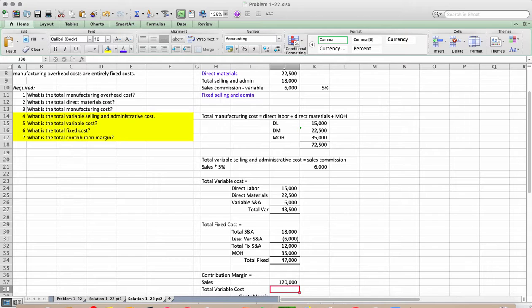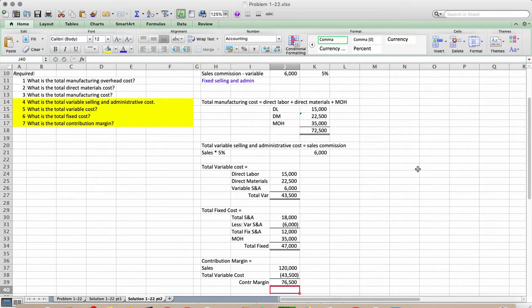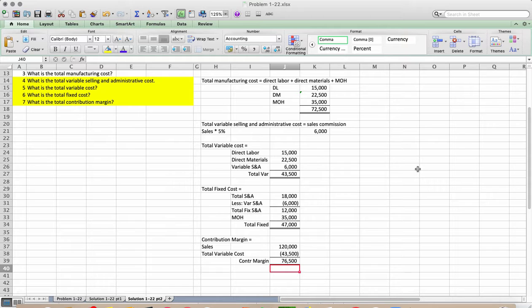We subtract the total variable cost, which we just calculated up here, 43,500. Contribution margin is always sales less variable cost. So we will calculate that, and that comes to 76,500.